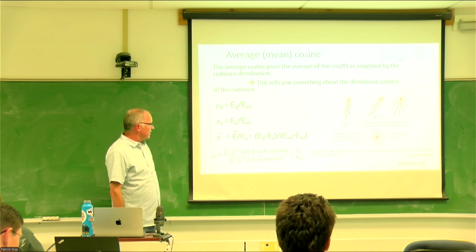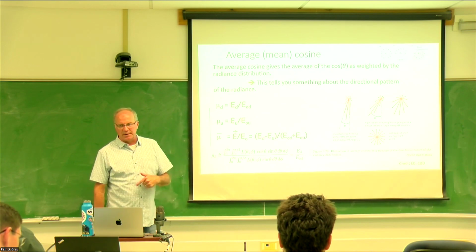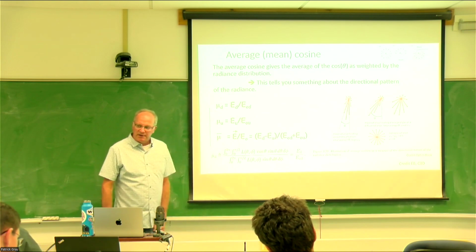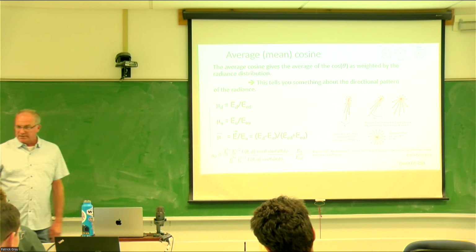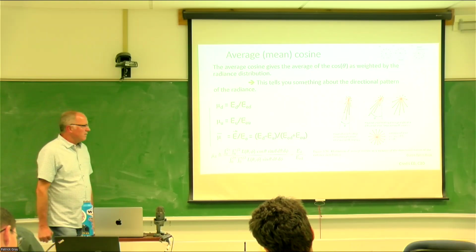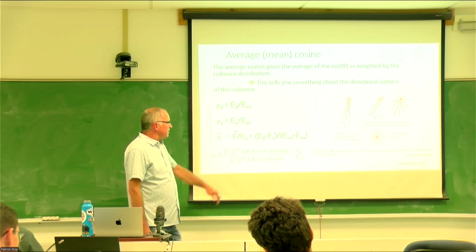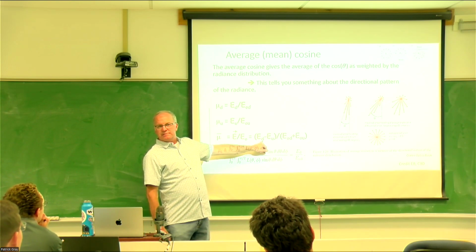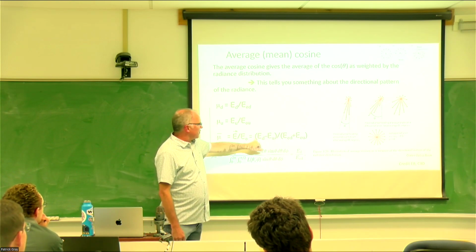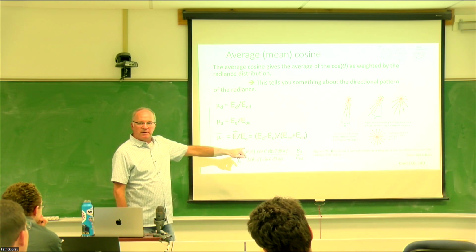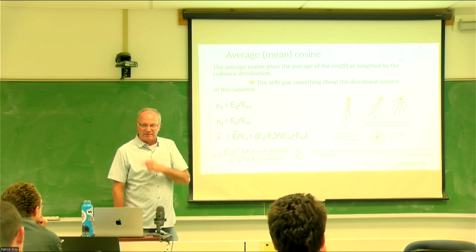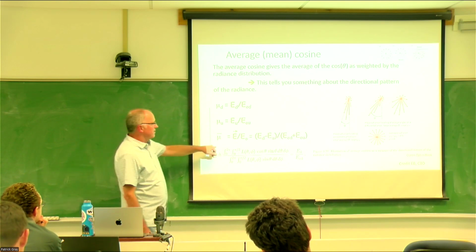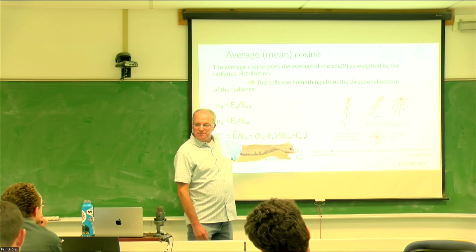You can do the same thing for what's called the average cosine, which is the planar irradiance divided by the scalar irradiance. So remember what this parameter is? Easy. Vector irradiance. Correct, the vector irradiance. And this is just E0.